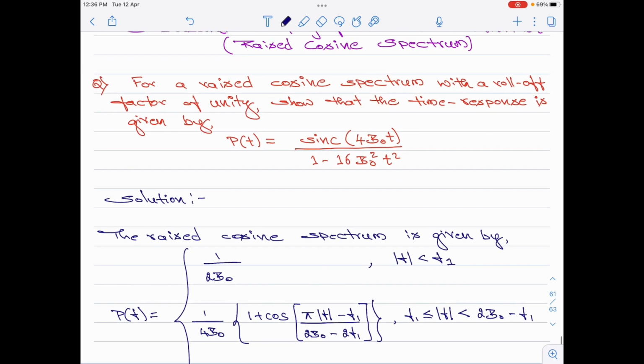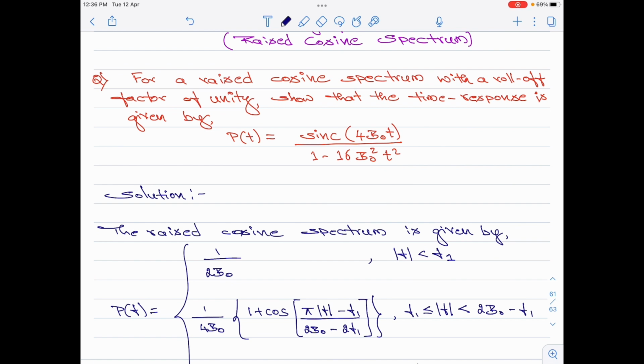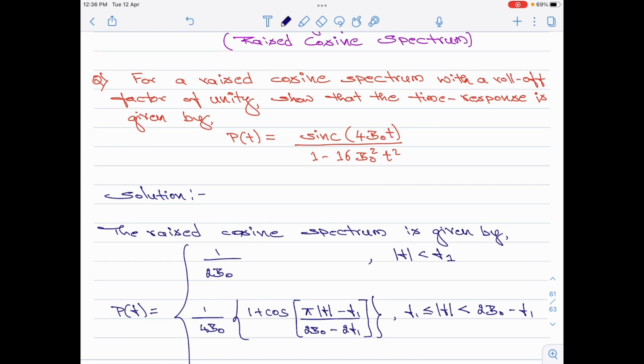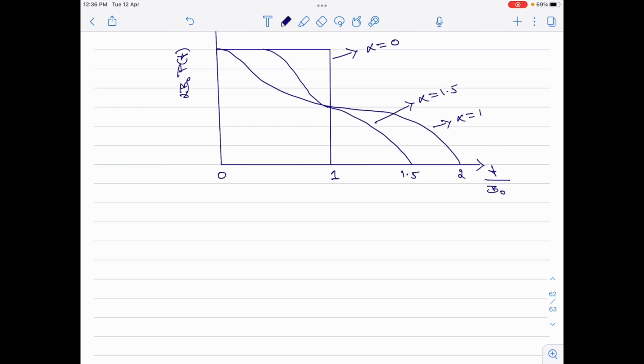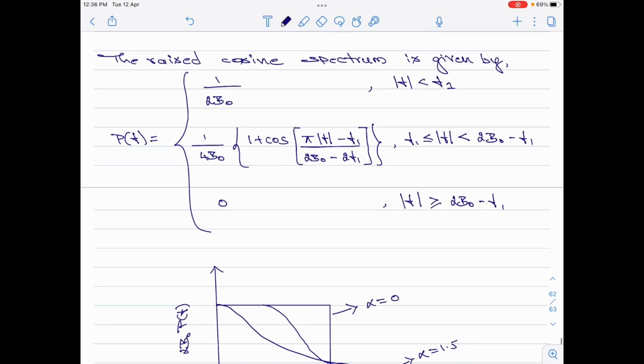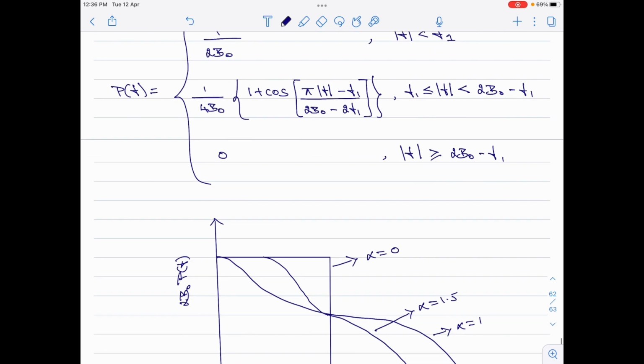As per the question here, we are asked to find the time response for the raised cosine spectrum. Please note, we are told the roll-off factor is equal to unity. So, let us write an equation for the roll-off factor and relate it with the other terms in the equation for P of f.